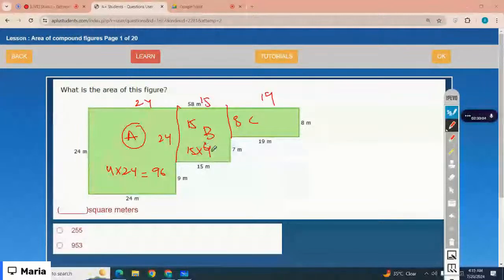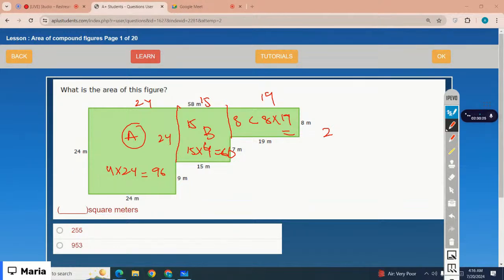One is again the square, 15, 15, 15. 15 times 4. Rectangle: 8 times 19 is, 19 times 8 is 152.